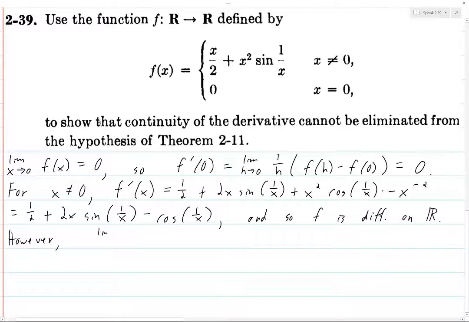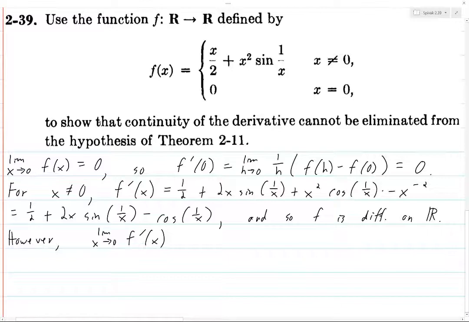However, if we take the limit as x goes to 0 of f prime of x, well, 1/2 is just going to go to 1/2. For 2x sine of 1 over x, we can use the squeeze theorem, right, because sine of 1 over x is going to be between -1 and 1. So multiplied by x, it's going to be between minus x and positive x.